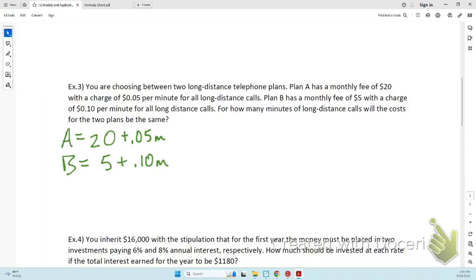And then it asks us a very convenient question: when will the two plans be the same, like cost the same? These two are the costs right here, like the total cost. So why not set the two equations equal to each other? I call this the break-even point.